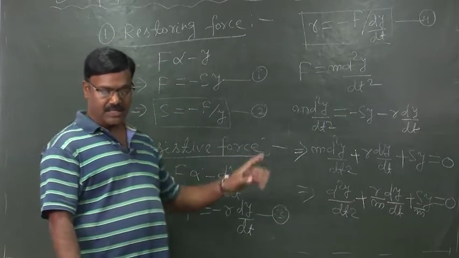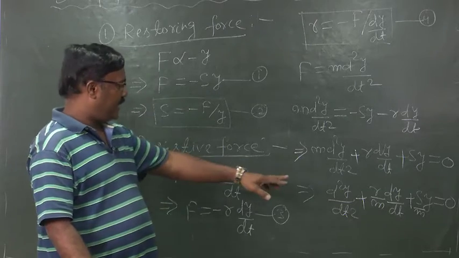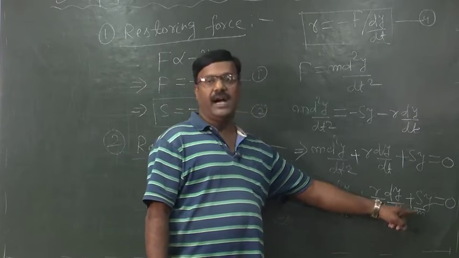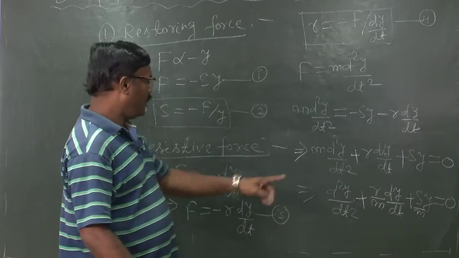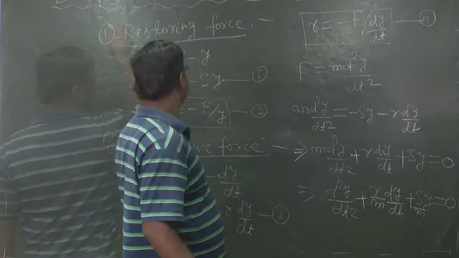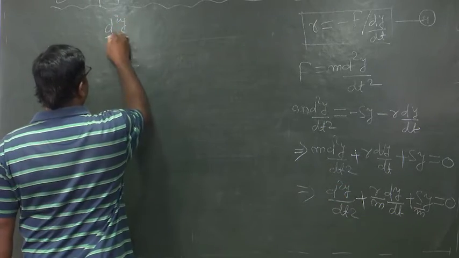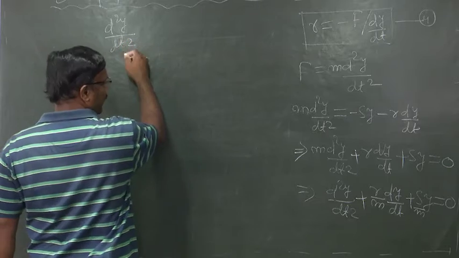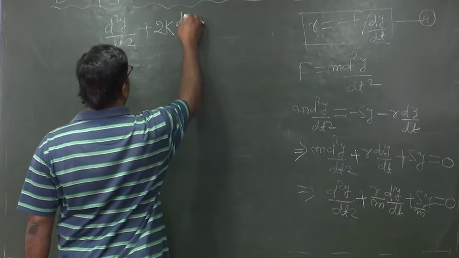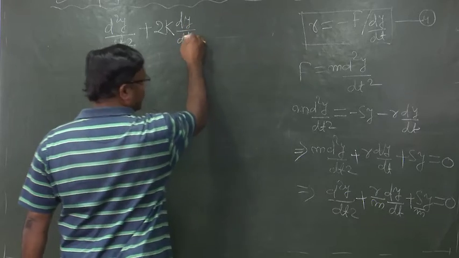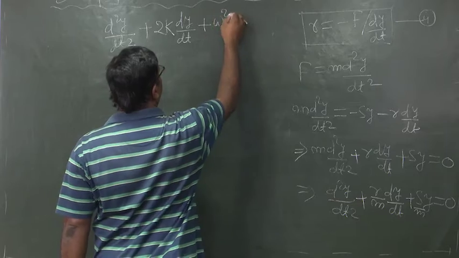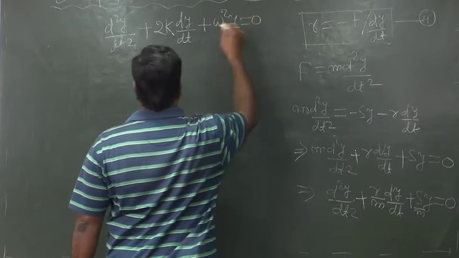Now let us put r by m as 2k and s by m as omega square. So this equation becomes d square y by dt square plus 2k dy by dt plus omega square y equals 0.